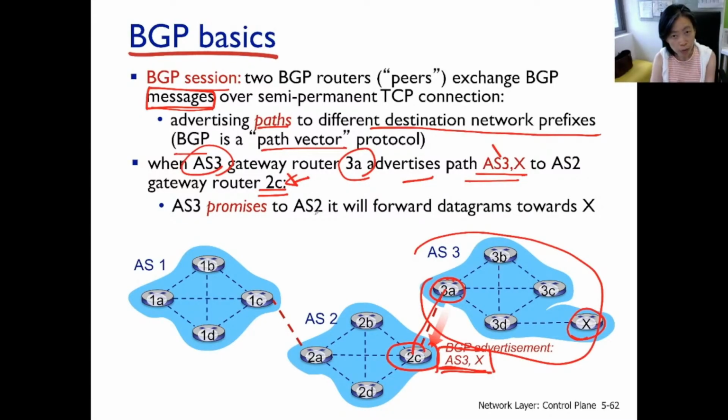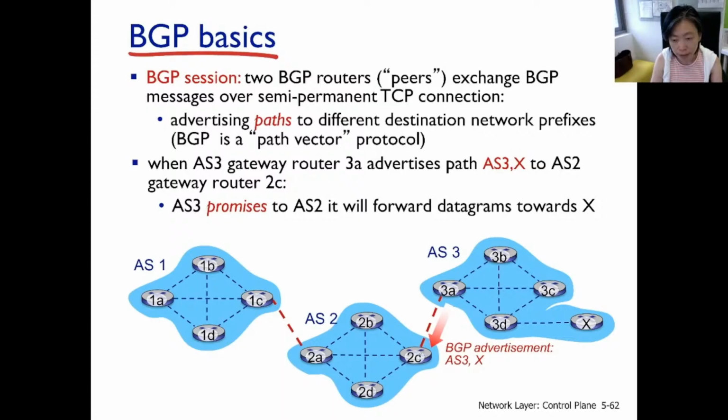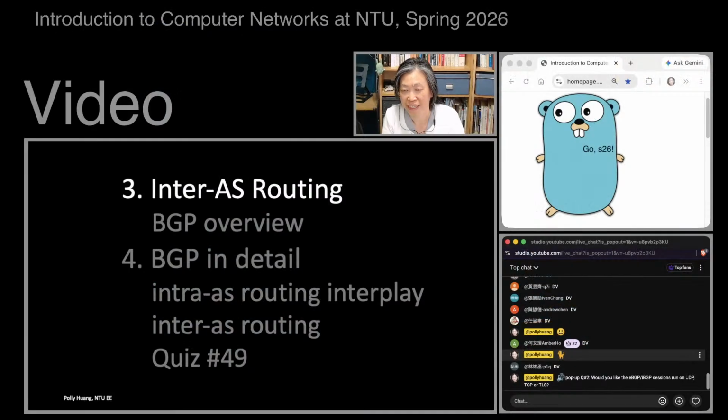When AS3 does this, it's also saying that AS3 promises AS2 to relay packets on behalf of AS2 so that it can reach destination X. All right, so that was eBGP and IBGP sessions running on TCP, and an example of how the reachability information is accumulated over the ASs.